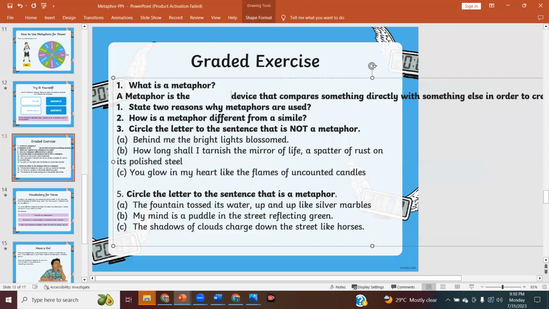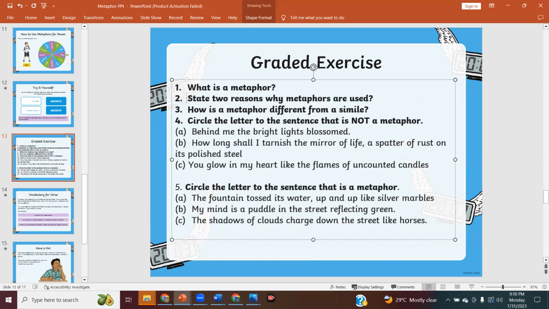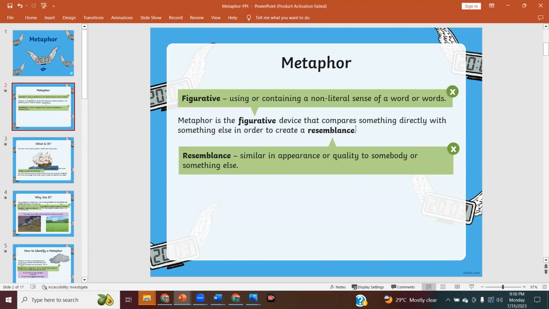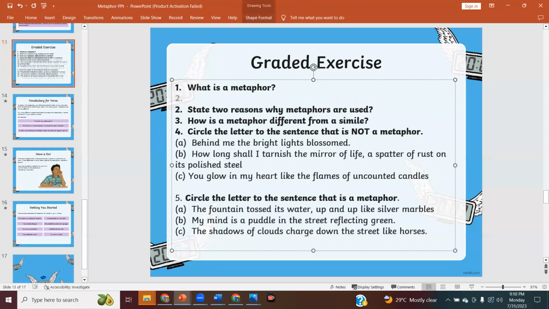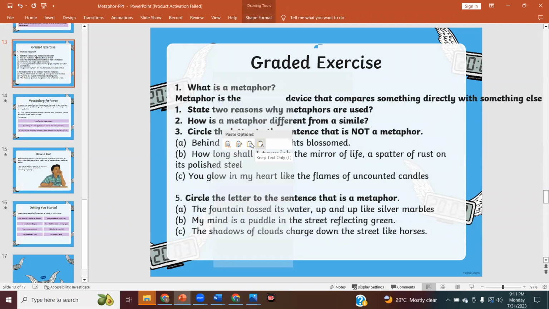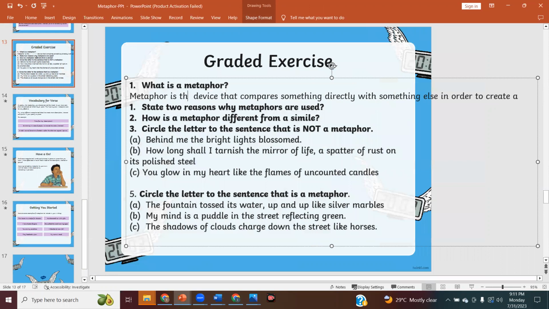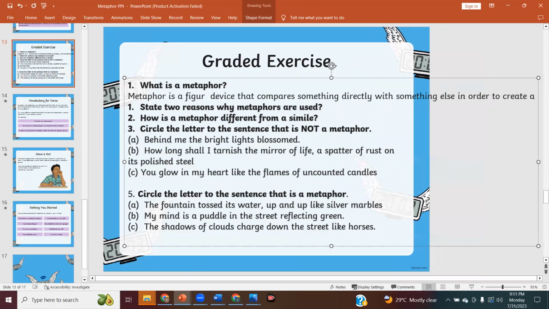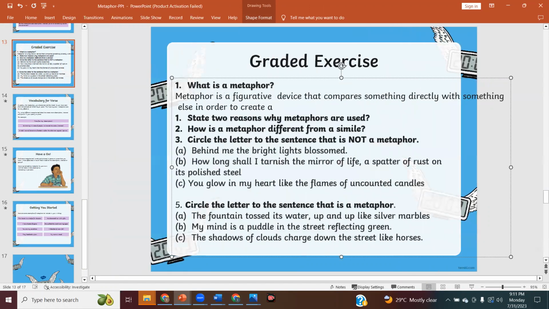So a metaphor is a figurative device that compares something directly with something else in order to create a resemblance.